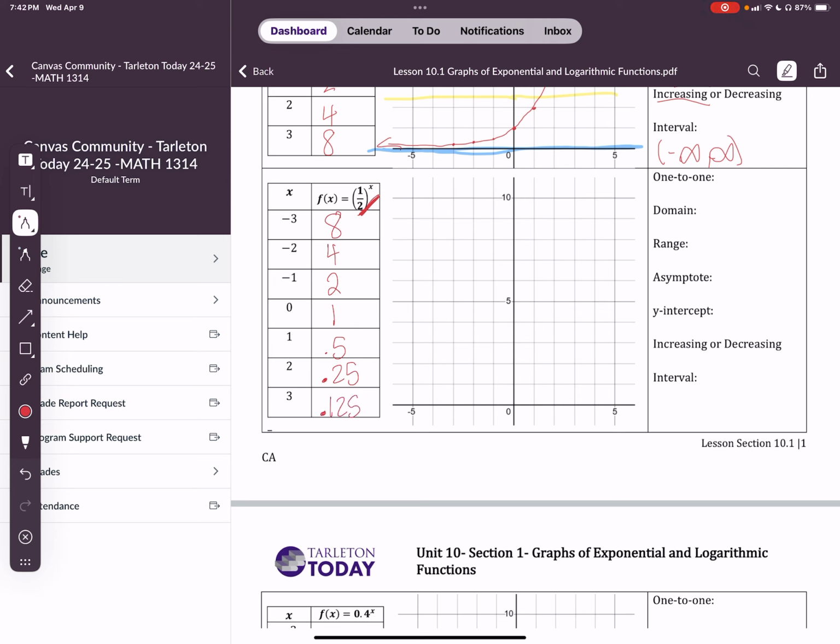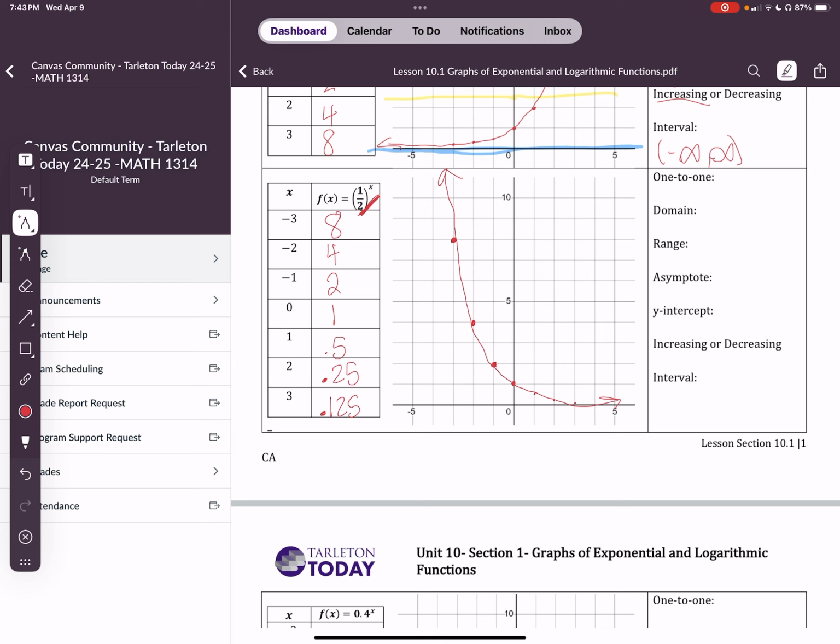The same thing that we just did on the last one, we're going to go ahead and graph it. And you get something along that line. Obviously that is not perfect.